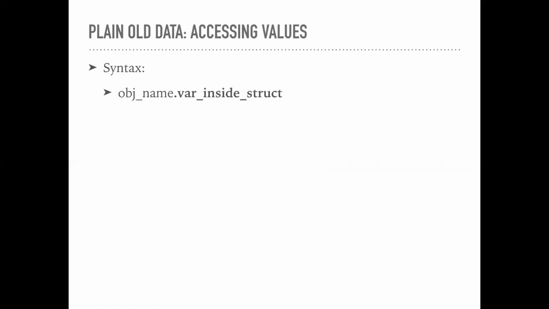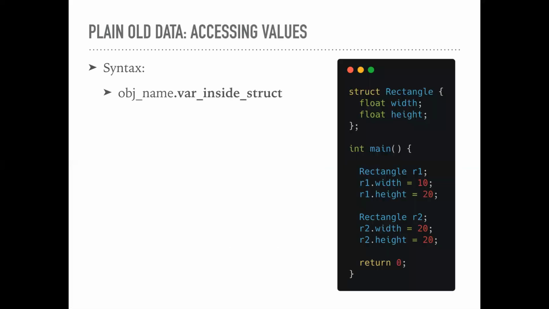And accessing variables, we do it this way. We write an object name, I'm going to show it now, and whatever variable we have inside. For example, I created this rectangle, right? It's also created like an integer, as you see, like int, float. And we put a dot and go to this name, okay? You can have multiple structures.